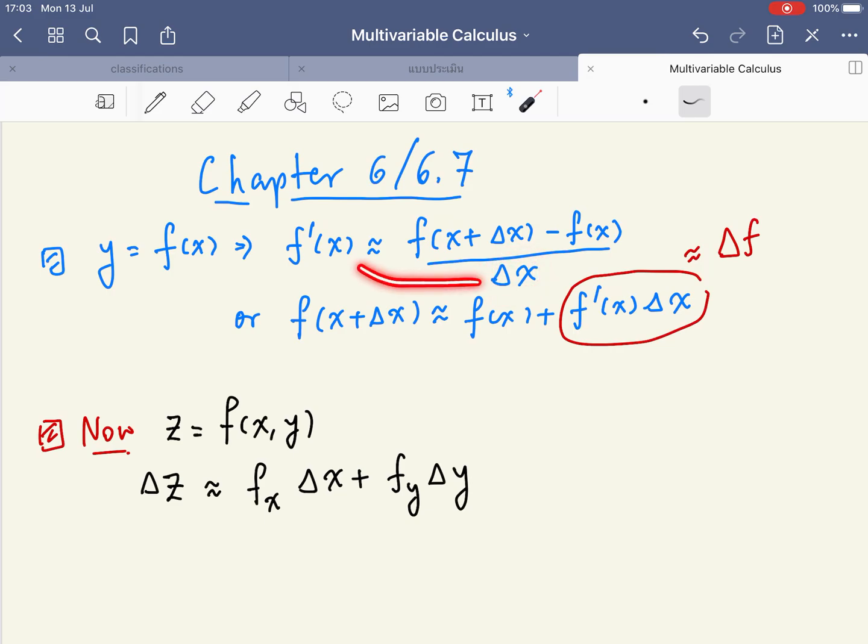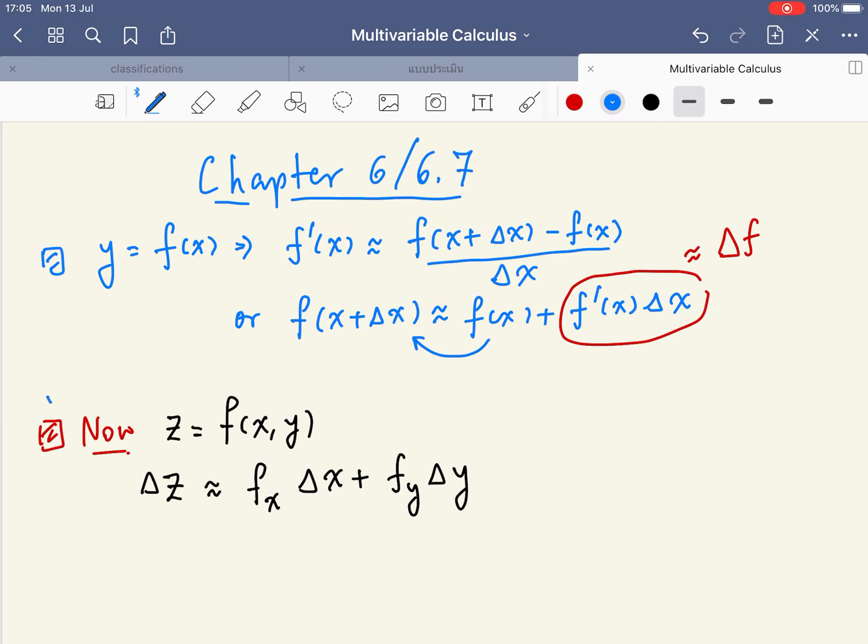Or you can multiply this over and move it to this side to have f(x + Δx) approximated by f(x) plus f prime x multiplied by Δx. Usually the f prime x with the Δx is the approximation of the so-called Δf, and of course Δf is simply the difference between f(x + Δx) and f(x).